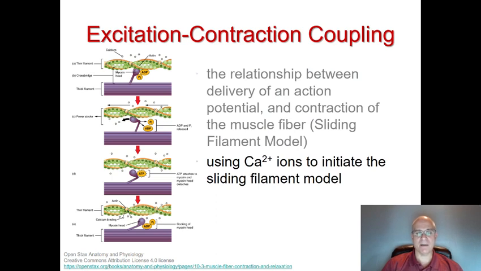And this is going to depend upon having calcium ions available to initiate this whole process. So calcium is going to be part of our switching mechanism to just get the muscles to contract when we want them to. Because if the muscles stay contracted all the time, we call that tetanus, and we say that's bad. Right? So we have to have a mechanism for turning on the contraction and then turning it off when we're done.